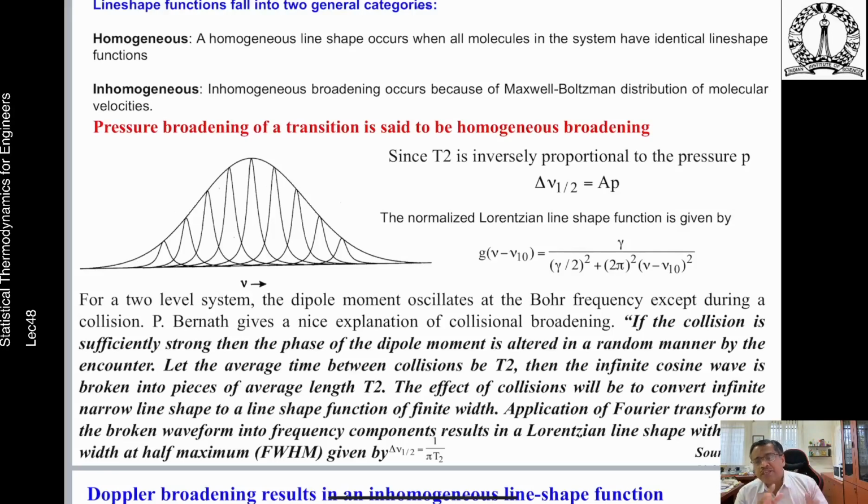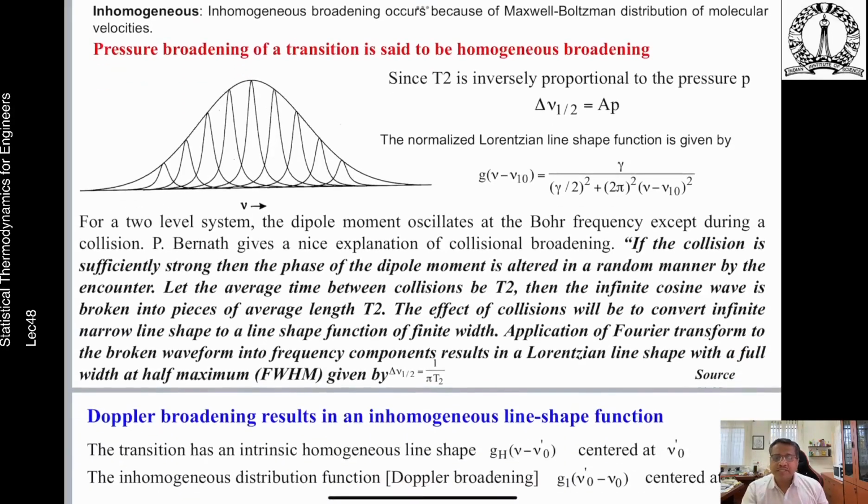If you now apply the Fourier transform to the broken waveform, as you see in the figure, into frequency components, it results in what we call a Lorentzian line shape, with a full width at half maximum given as delta nu half equals 1 over pi T2, where T2 is the average time between two collisions. Understand?